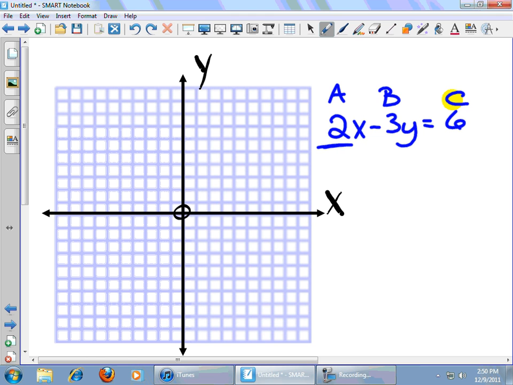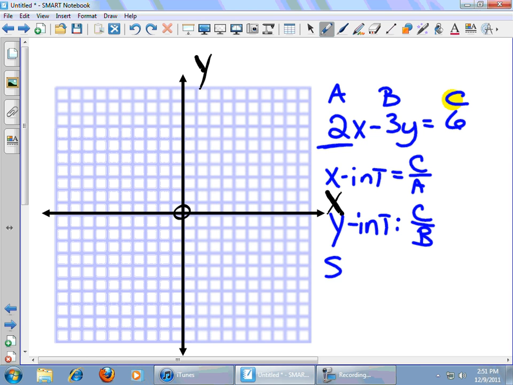My A is positive, so I'm good. The x-intercept is found by doing C divided by A. The y-intercept is found by doing C divided by B. And the slope is found by doing negative A over B.